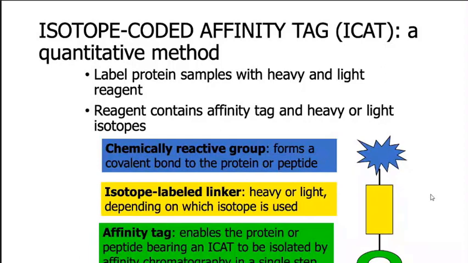The yellow is the isotope-labeled linker, heavy or light depending on which isotope we used. Then the affinity tag enables the protein or peptide bearing the isotope-coded affinity tag to be isolated by affinity chromatography in a single step.